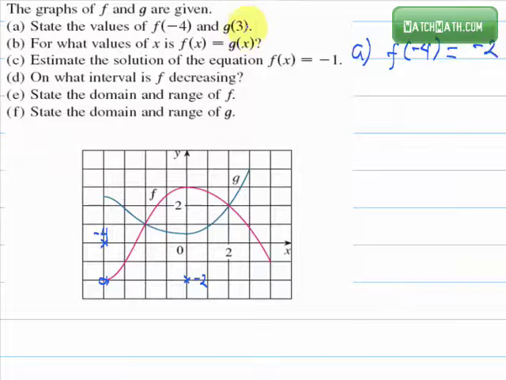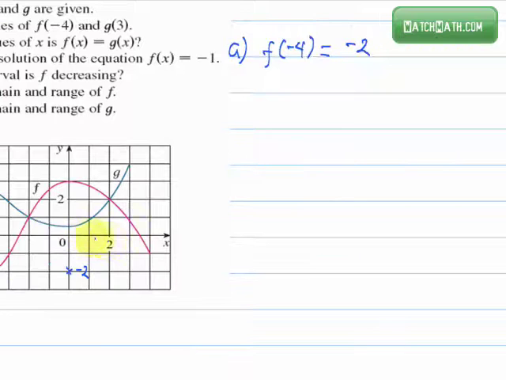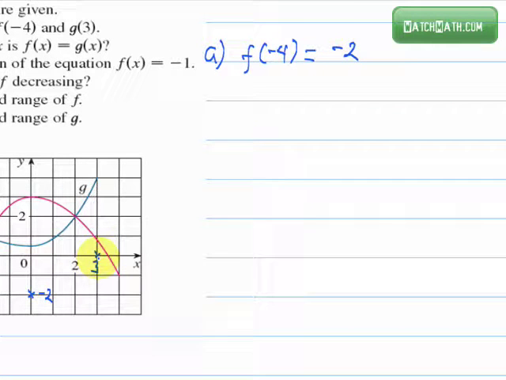Okay, the next one, we would like to find g of 3. As what we did before, we locate x equal 3. So this is x equal 3. And then find the point on the graph which has 3 as its x coordinate.